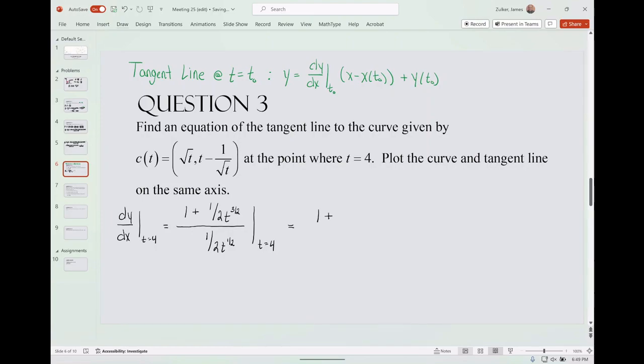1 plus, what is t to the 3/2 power? Or not t, I'm sorry. 4 to the 3/2 power. Eight. It's 8 times 2, 16. Numerator becomes 1 plus 16th over 1/4, right?